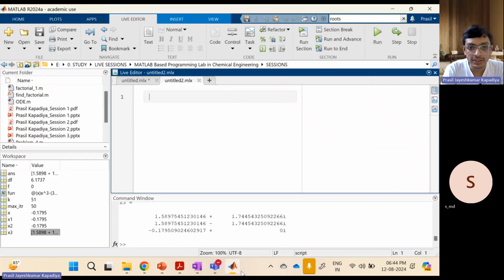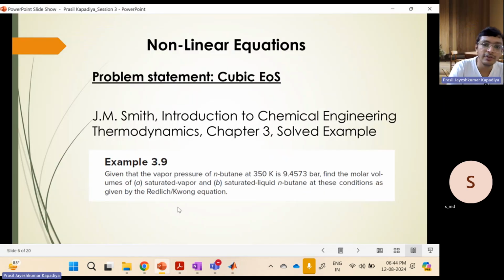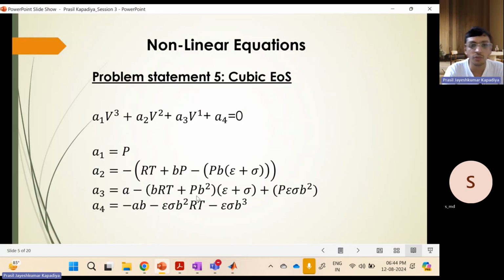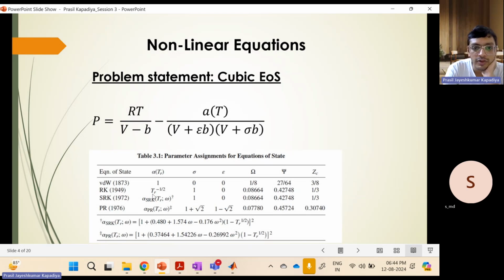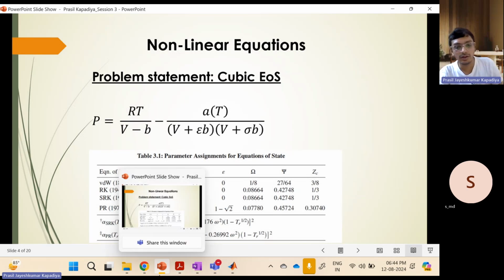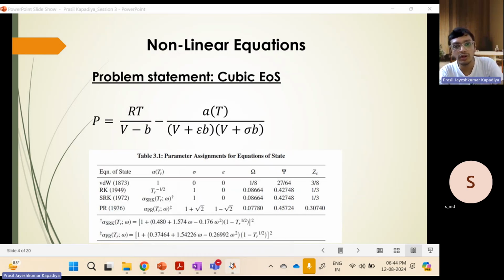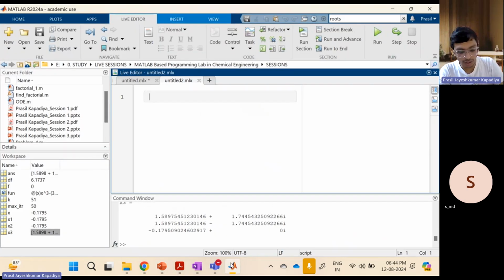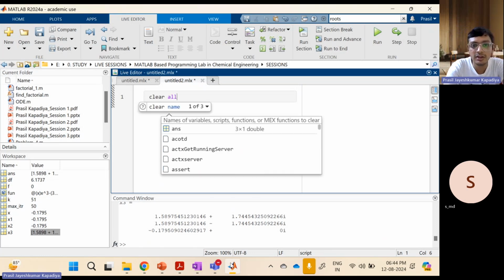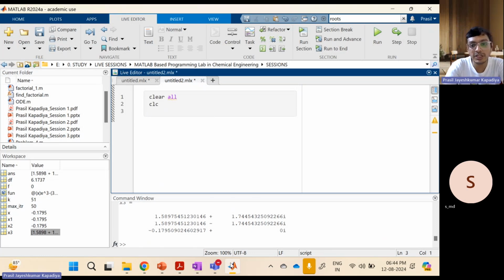Here we are told to use the RK equation of state. So what do we need for the RK equation of state? We need to know the value of PR, only PR, nothing else. So let's write one code. I am giving all values from the book only, so you can check it in the appendix of the James Smith book.